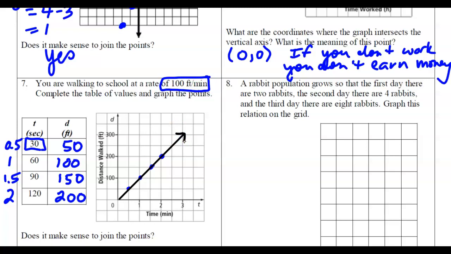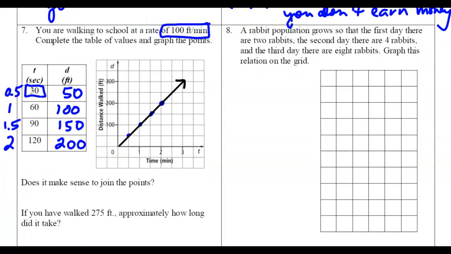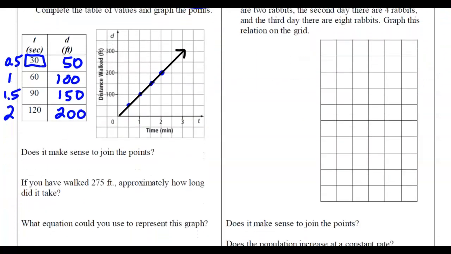Now, in this case, are we walking at a constant pace based on what the information is given? Yeah, always 100 feet per minute. Now, obviously, you're walking for hours and hours. That's probably going to change because you're getting tired. But at this point, that's the information we have. Yes. Time is continuous.